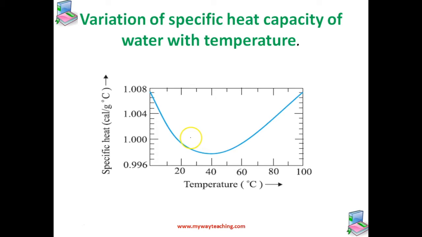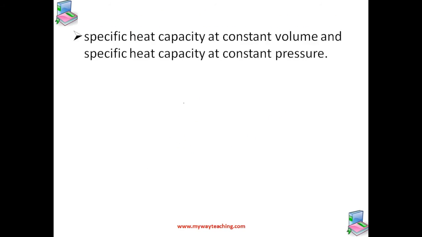For a precise definition of the calorie, it was therefore necessary to specify the temperature interval. 1 calorie is defined to be the amount of heat which is required to raise the temperature of 1 gram of water from 14.5 degrees Celsius to 15.5.